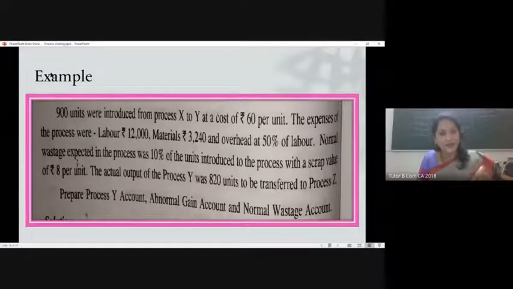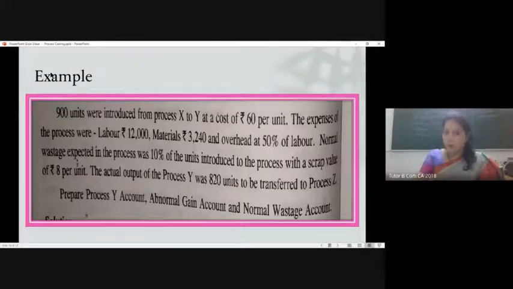This is a case of abnormal gain. So reading through the question itself, we should understand whether it is a case of abnormal loss, abnormal gain, or normal gain.